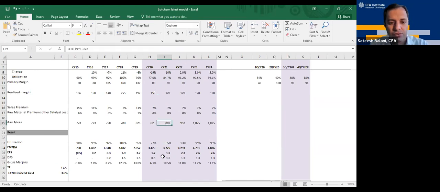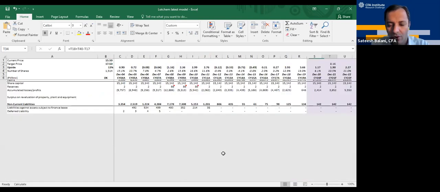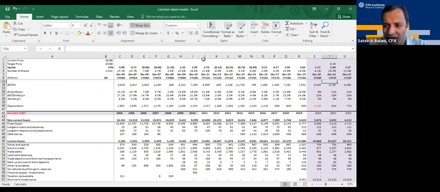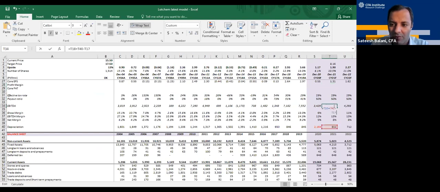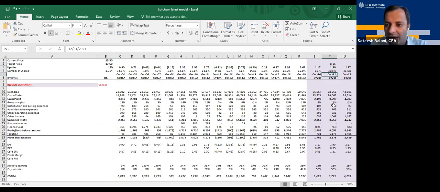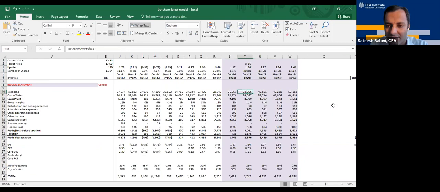So I can show you how this control and this bracket works. This is EBITDA. So I pressed control and I pressed curly bracket. I go on to the financial sheet where I can see, okay, it brought me to this EBITDA sheet. Where is this coming from? It's coming from this. So it just picks up, this is the financial statement, and these are the earnings that I have.